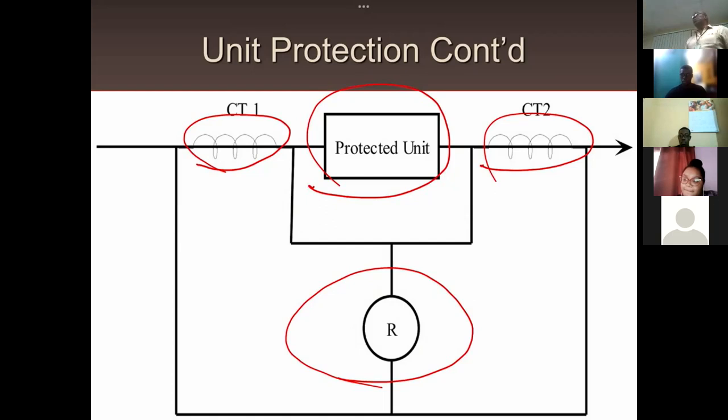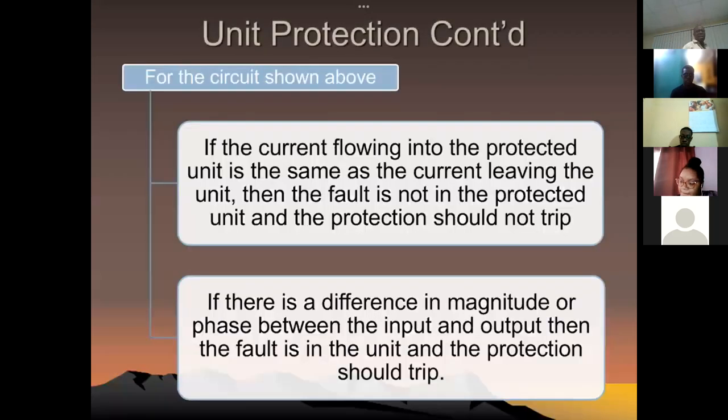And the key principles here are that one, if the current flowing into the protected unit is the same as the current leaving, then the fault is not on the protected unit and the protection should not trip.